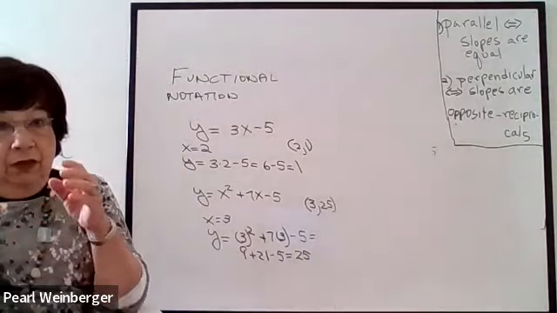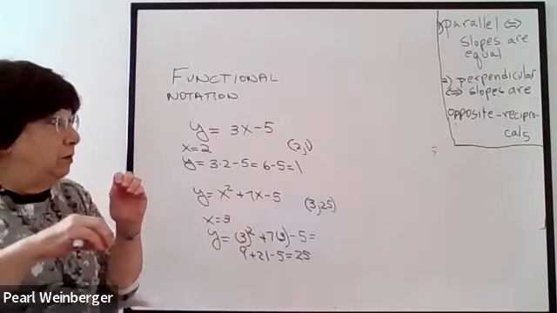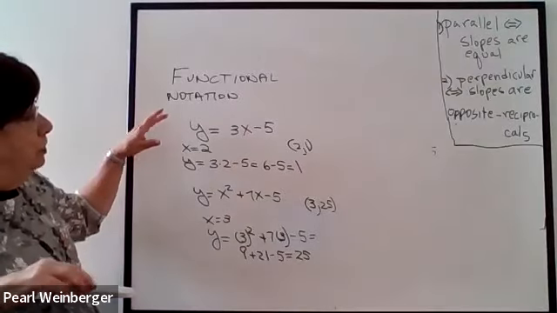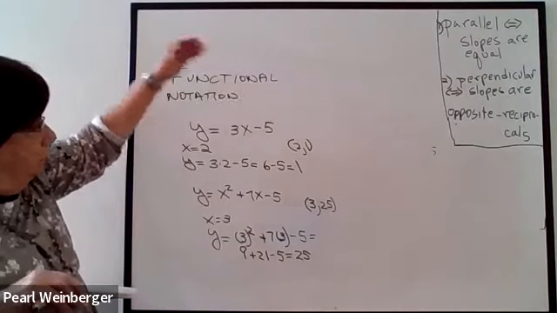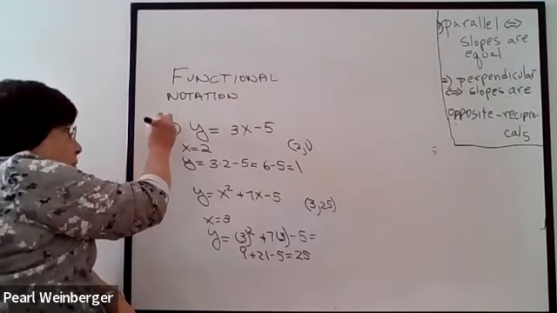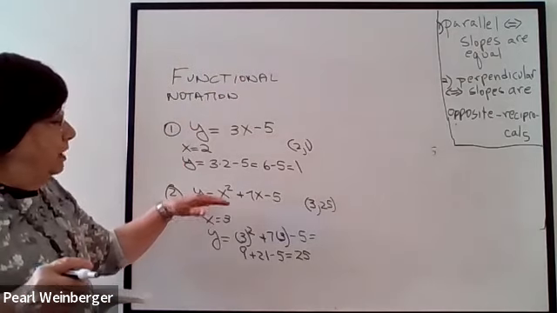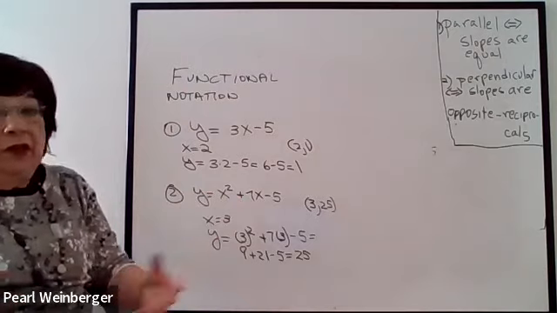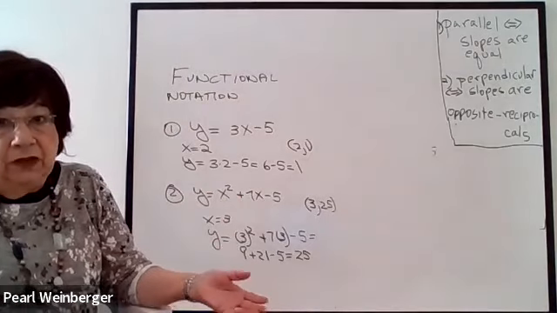Now, one of the things that might have been confusing is that I talked about two things being y. First, I said y is equal to 3x minus 5, and let's call this equation 1. Then I gave you a second equation where y equals x squared plus 7x minus 5. These equations had nothing to do with each other. They were just different problems.